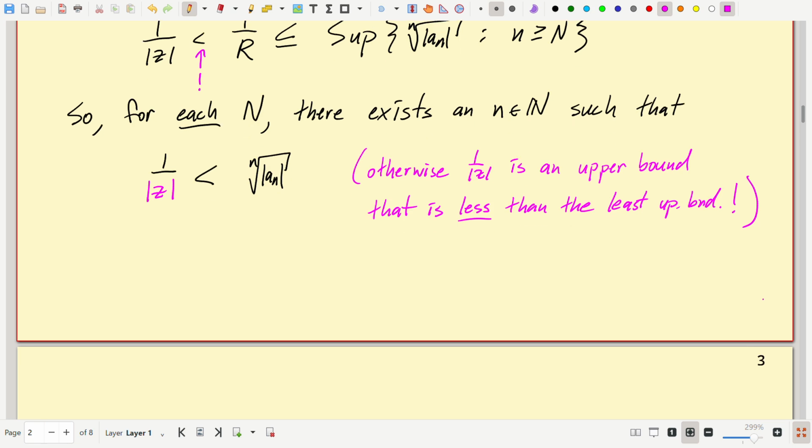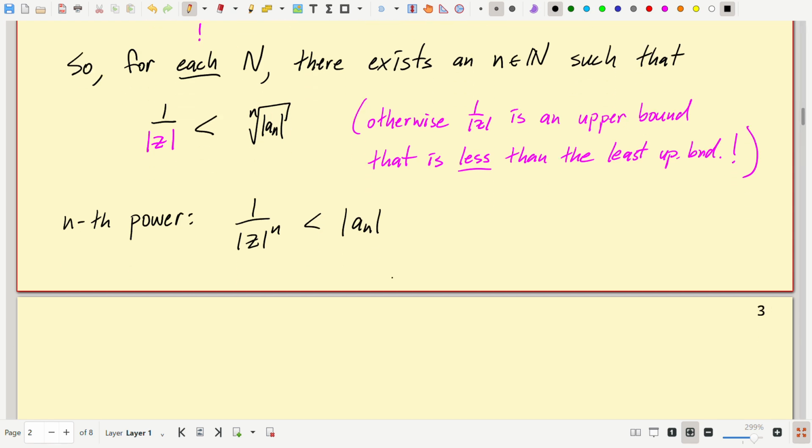And if you think about what that means, now if I take the nth power, I would get 1 over mod z to the n is less than an.